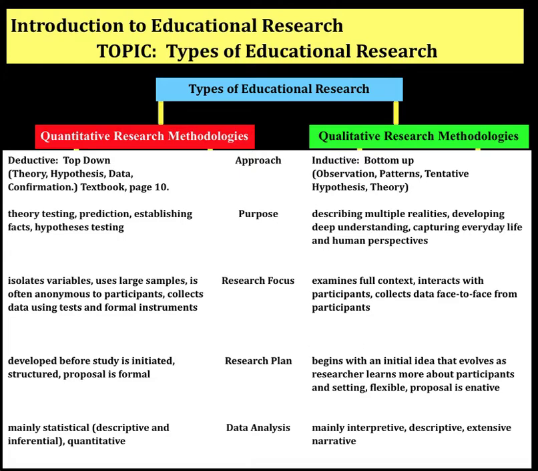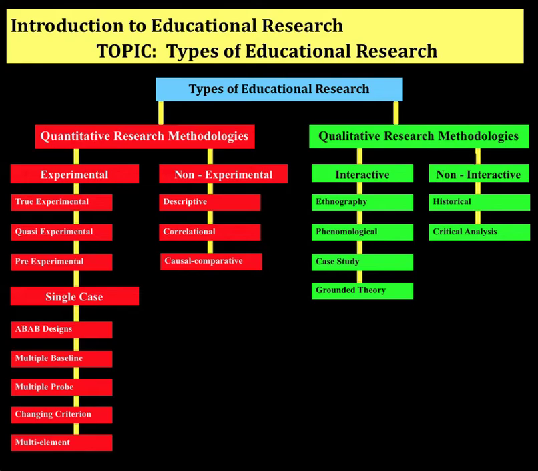Now, let's take a look at the different types of research. All right, here we have types of educational research. We have the quantitative research methodologies here. We have the qualitative research methodologies on this side. Under the quantitative research methodologies, we have what's referred to as experimental research and non-experimental research.